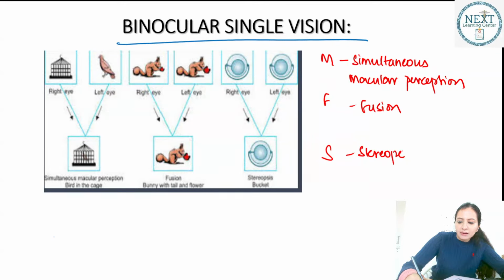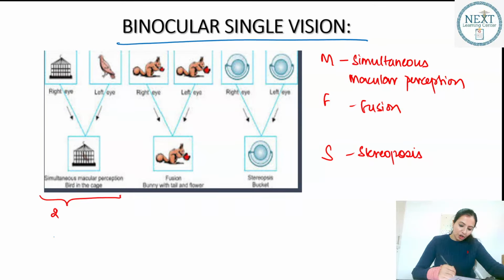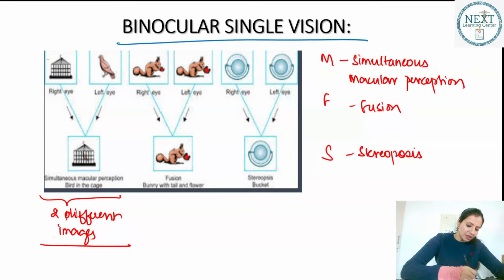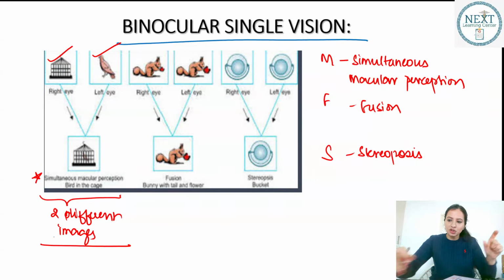What happens in simultaneous macular perception? If we are giving 2 different images to 2 different eyes, the ability of the 2 eyes or the brain to fuse it as one. Suppose we have given cage to right eye, bird to left eye. Ability of the brain to fuse it as bird in the cage is your simultaneous macular perception.